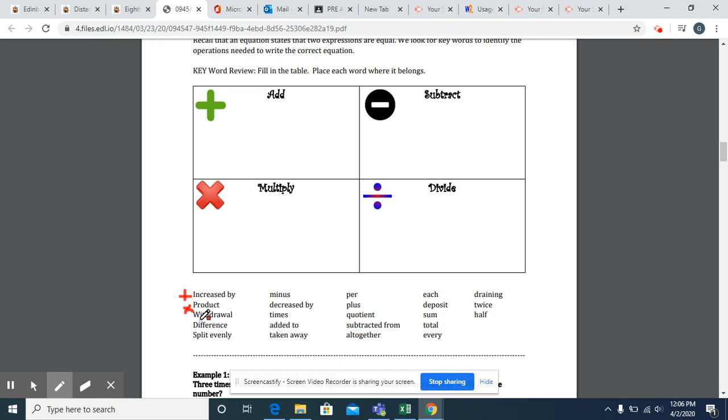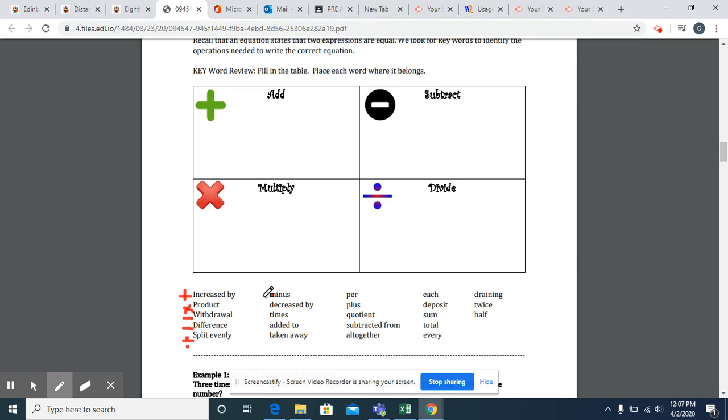Withdraw, anytime that you withdraw something, or we're talking about money, you're going to subtract. The difference between two numbers, subtract as well. Split evenly, anytime that you're going to split something, you're going to divide it.